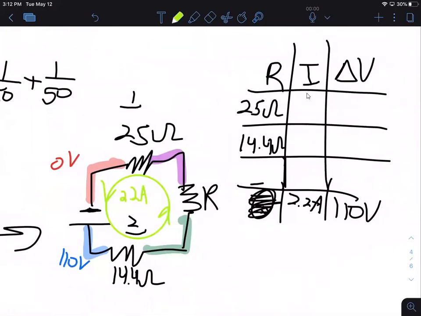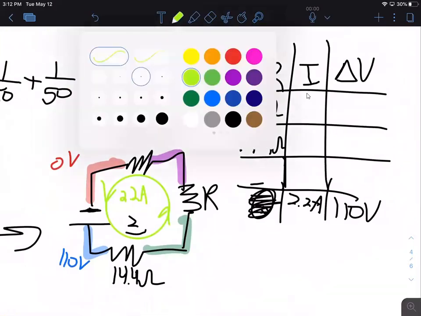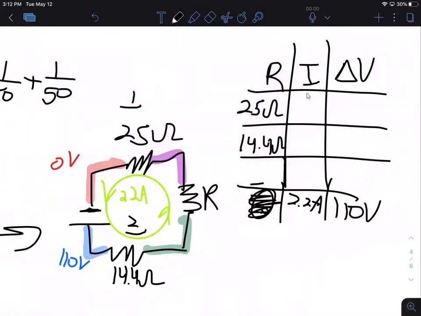All right, so I'm going to add that current to my table because they're all getting it now that everything is in series, including my unknown resistor here. All right, 2.2 amps.